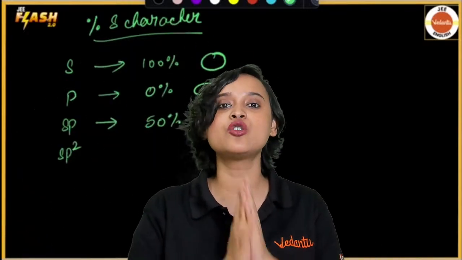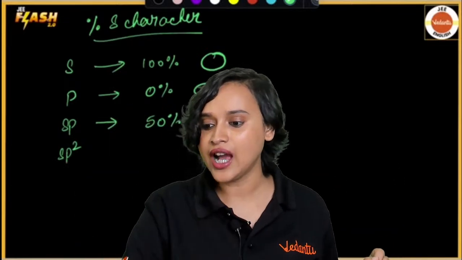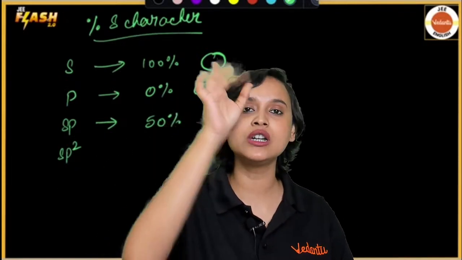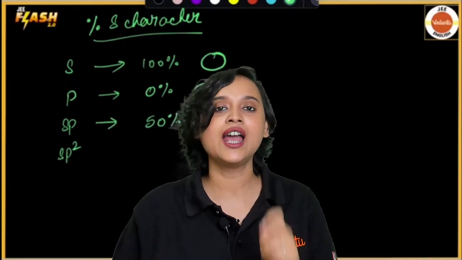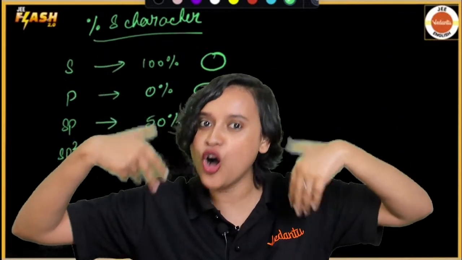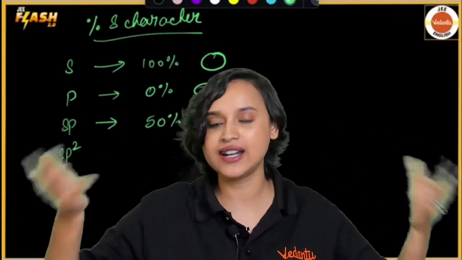If I have to give it to Vamsi, who is the only student in my class, then Vamsi will get all the 100%, right? So S character here is 100%.